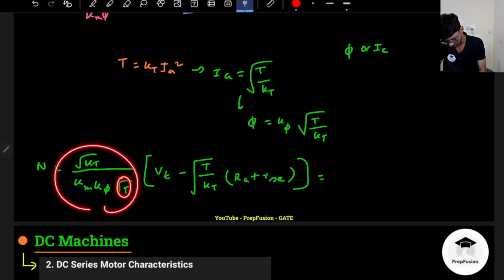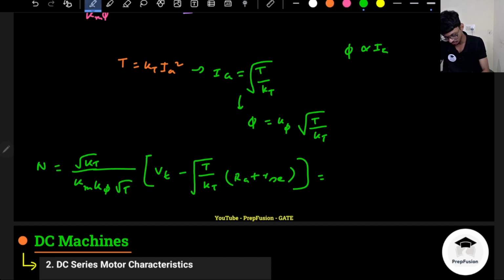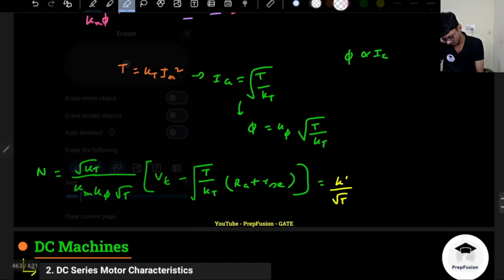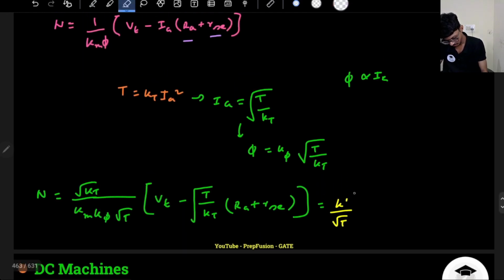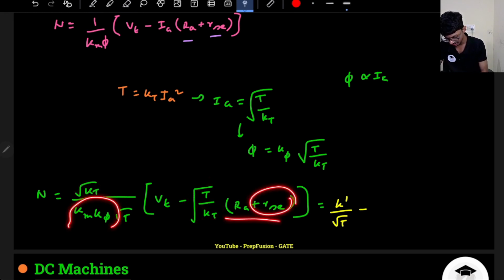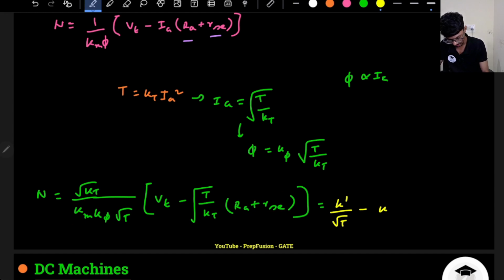Constant, and under root T is there, that will vary, into Vt. Vt is also constant. So it will be some K prime into Vt divided by under root T, minus, remember this under root T is automatically getting cancelled, this Kt and Kt also get cancelled, this Ra plus Rac is constant, this Km K phi is constant, so this is K double prime, right?